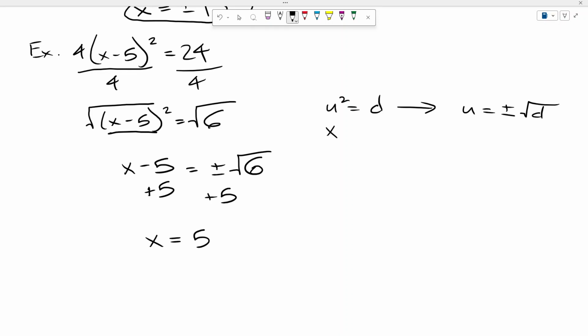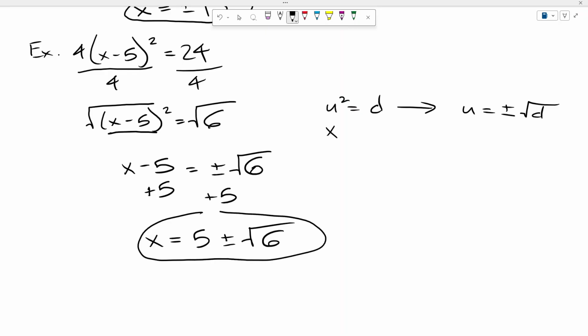So just put the 5 out front here, and then we still have plus minus the square root of 6. So that is our final answer for that one. So we'd have x equals 5 plus square root of 6, and x equals 5 minus the square root of 6, if you were asked to approximate it with decimals. So we'd have, again, 2 solutions because of the plus minus.